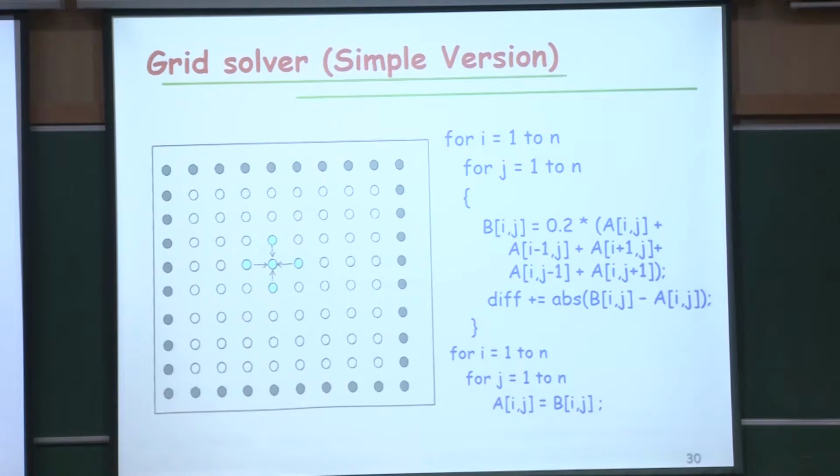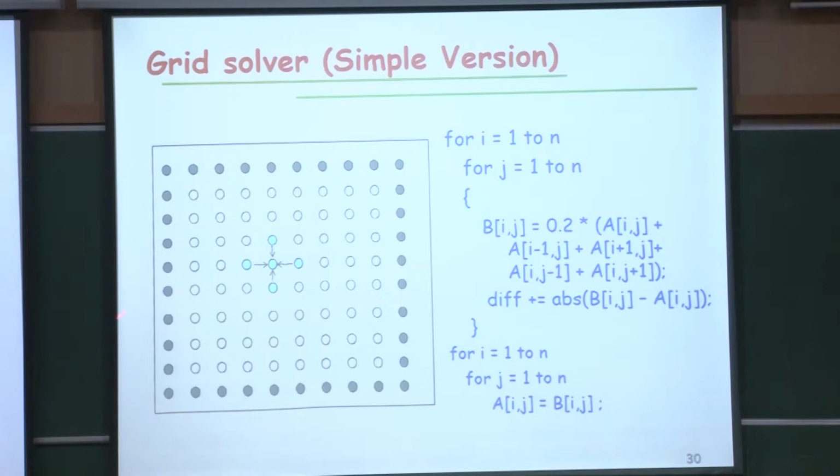Okay. Now, what about this iteration? Can I do this iteration in parallel? Can I do the computation of bij for different i and j? If I look at it from a parallelism perspective, each one of these grid points can be computed in parallel, because the computation of this point does not depend on the computation of this point or on the computation of that point.